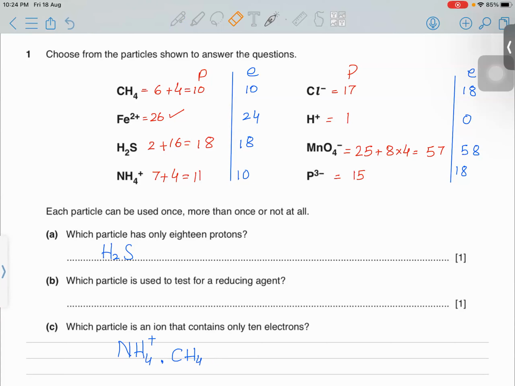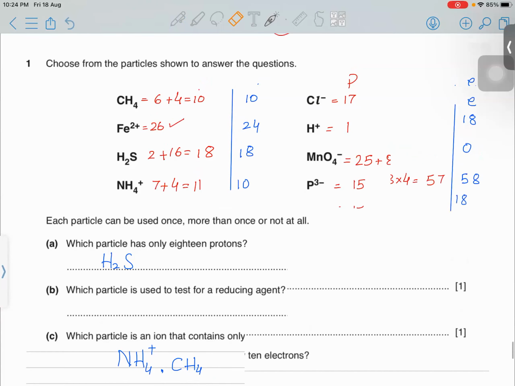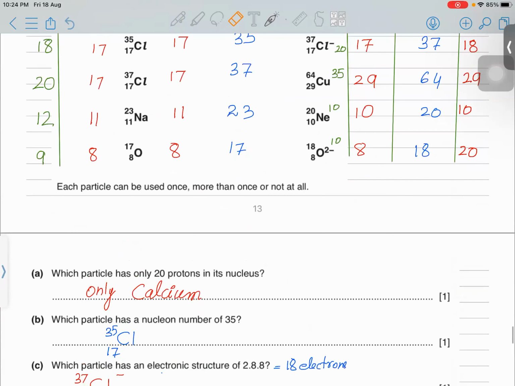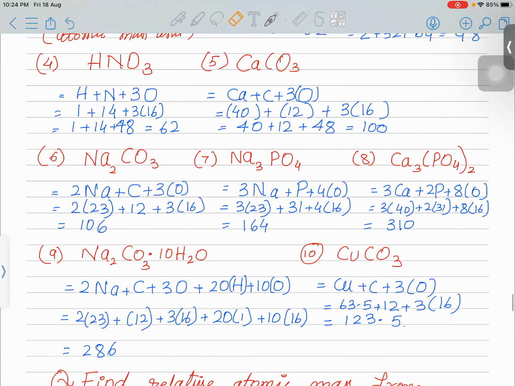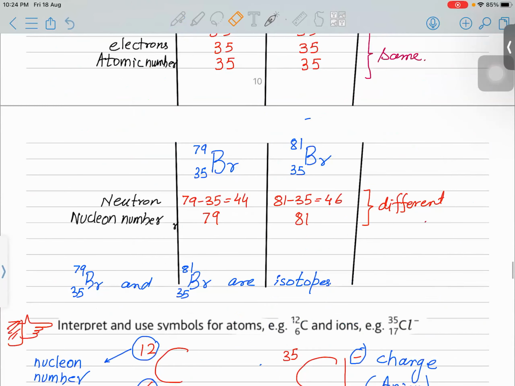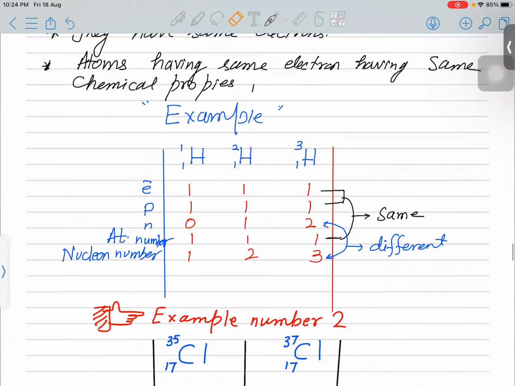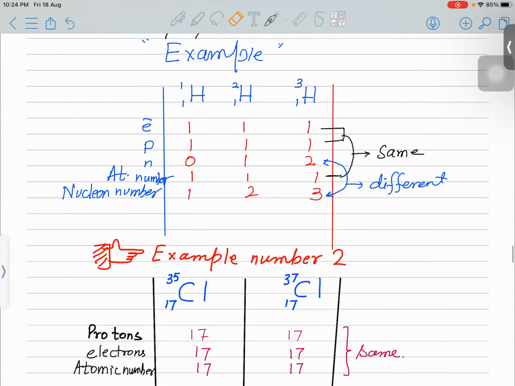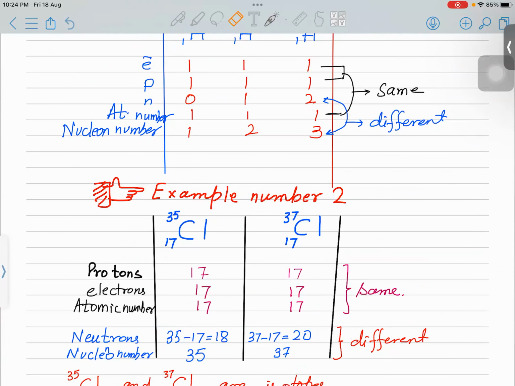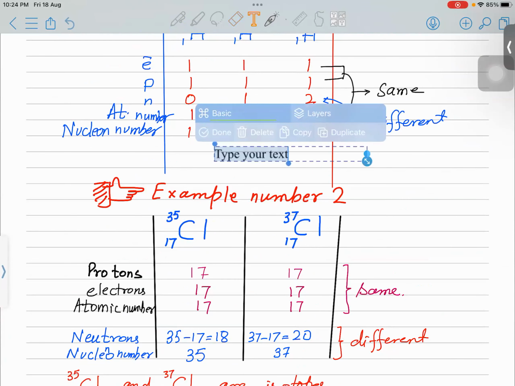Next time we will start a new unit, which is bonding. This is all about lecture number 6. We started lecture number 6 from example number 2.